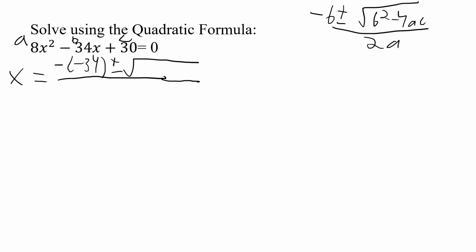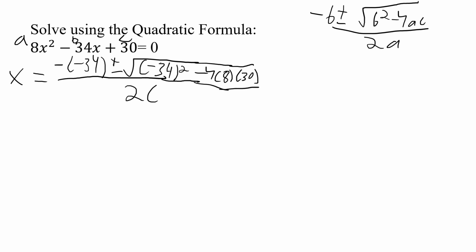So we have two different negatives we have to deal with. Then anyway, we have b squared. B squared is going to be negative 34 squared. Then we have minus 4ac, minus 4 times a, which is 8, times c, which is 30. And it's all over 2a.